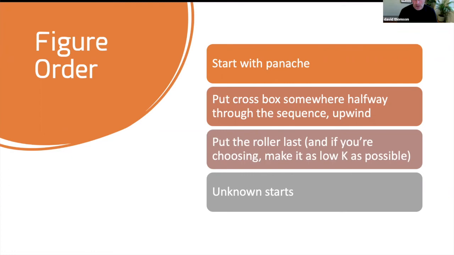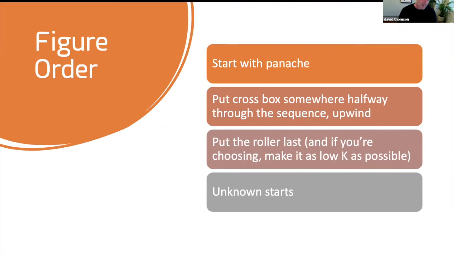I've seen sequences start with a spin, and I just can't understand how that could be a good idea, because you're not only your wind dummy at that point, but trying to do wing rocks just above the stall is not a good way to start a sequence.